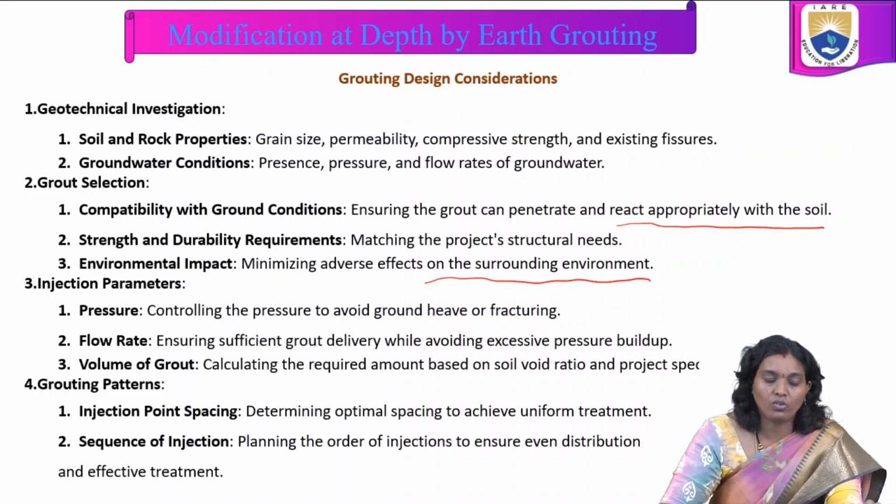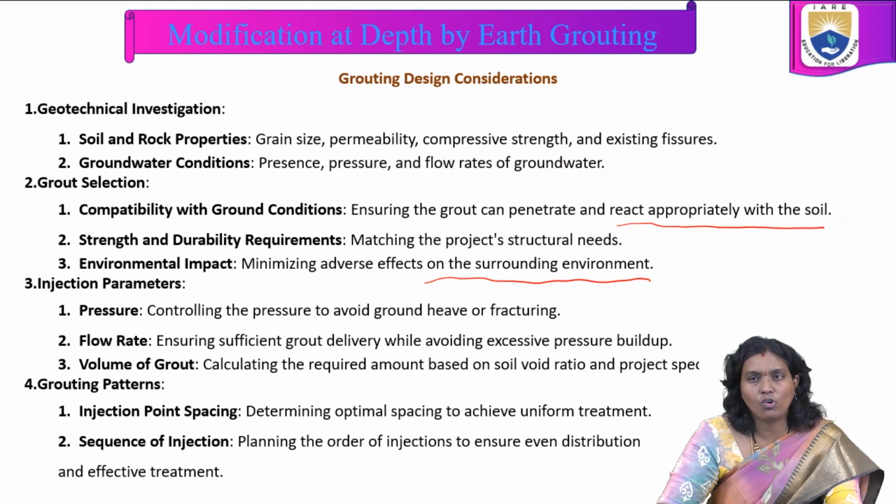Now move on to the injection parameters. As a part of grouting design consideration, pressure, flow rate and volume of the grout are the parameters. For pressure, we control it to avoid grout fracturing. For flow rate, we ensure sufficient grout delivery while avoiding excessive pressure buildup.